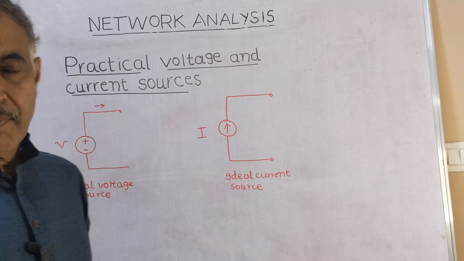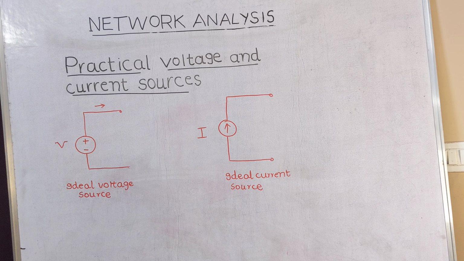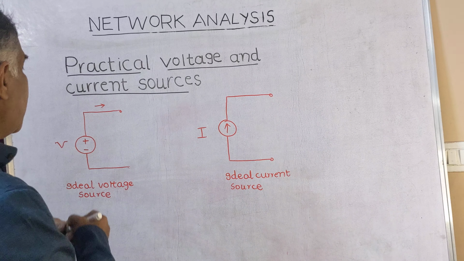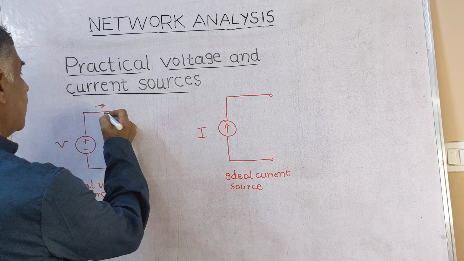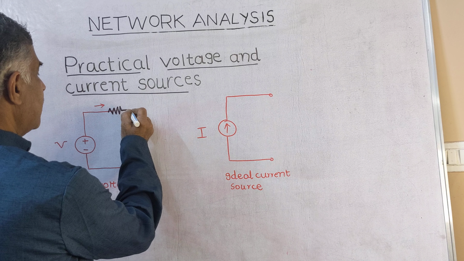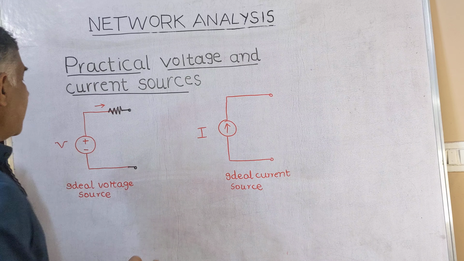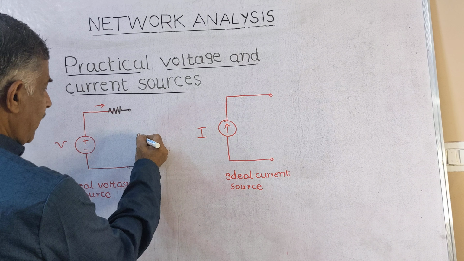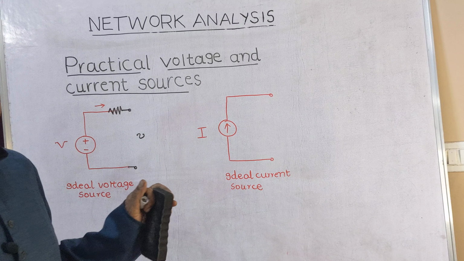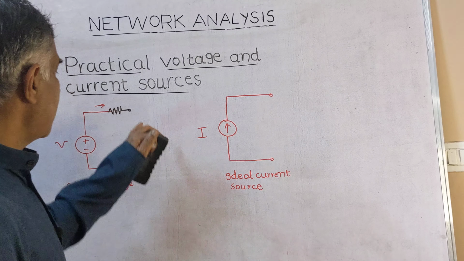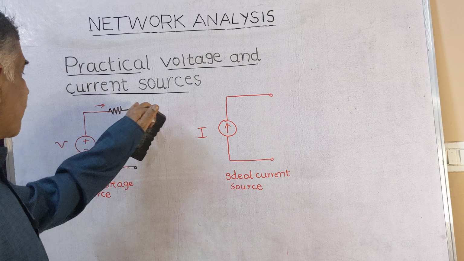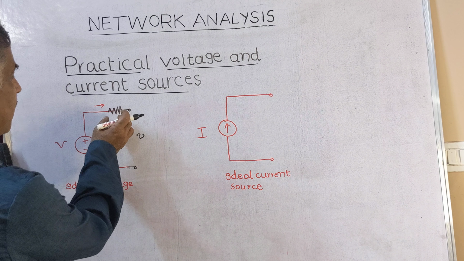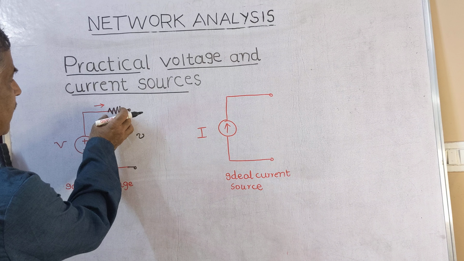So, how to make modification? In order to make modification for a voltage source, you connect a resistance. If you connect this resistance, so then what happens? This voltage is what is called as terminal voltage. That is voltage available at the terminals. This v is less than V by an amount equal to the drop across this resistance.